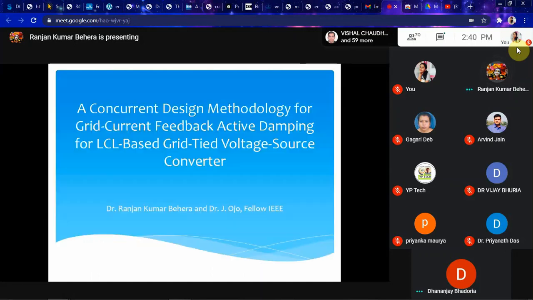Then we will see a concurrent design methodology for a grid current feedback active damping LCL based grid-tied voltage source converter. I did this work along with Professor Ojo at Tennessee Technological University long back. So we designed this one.